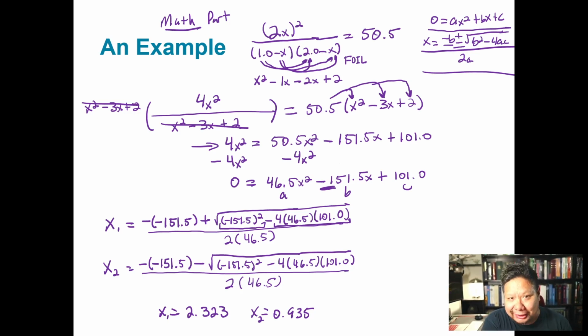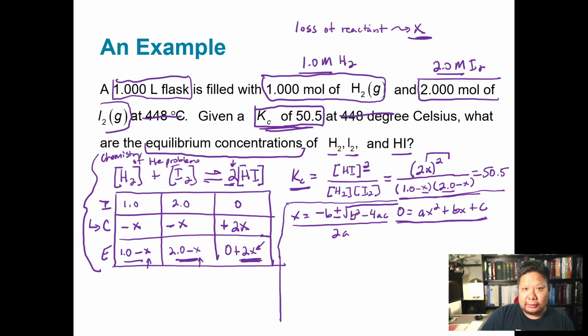Well, now we got to switch back to chemistry, okay? Using the chemistry is how we figure out which one is the correct answer. Which one is the correct x? Is it the 2.32 or is it the 0.935? Well, let's go back to the chemistry side of our problem, and we see that our initial concentrations were 1 and 2, right?